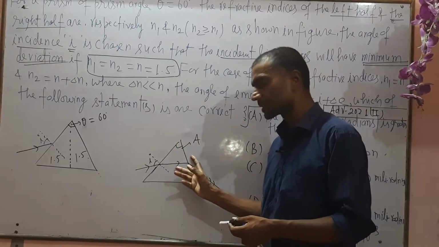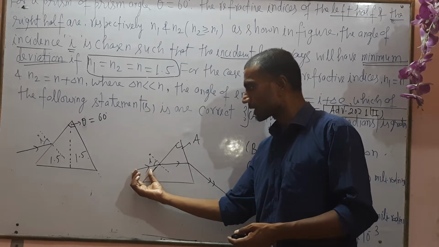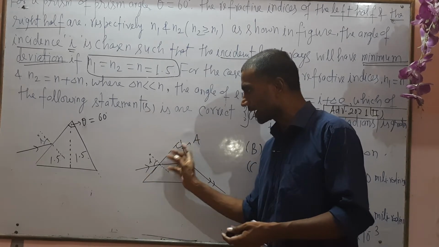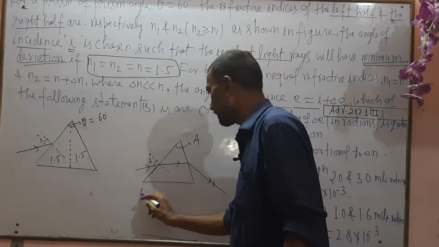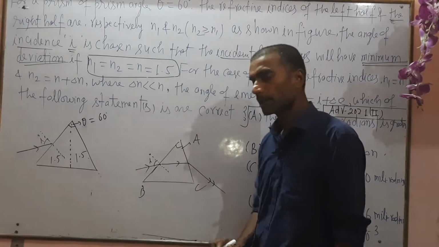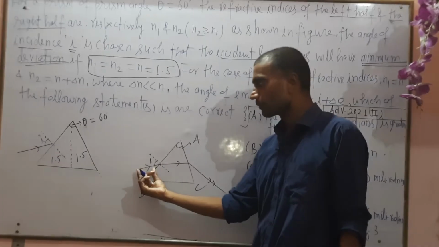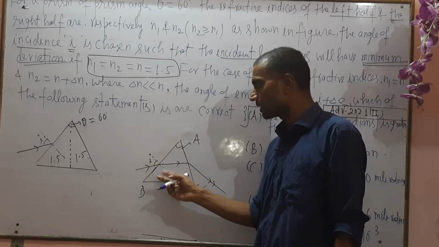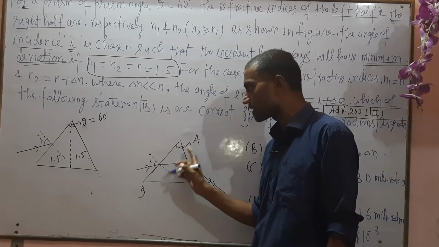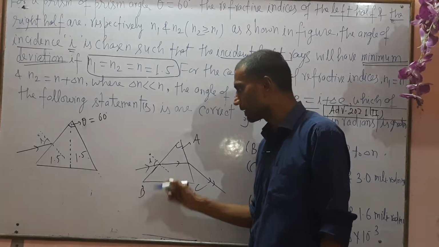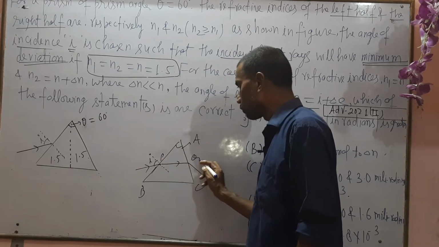If any incident ray is drawn on the surface, let us suppose the points are A, B and C, and the incident ray falls on surface AB. At that point, let us suppose this is point P and this is point Q.